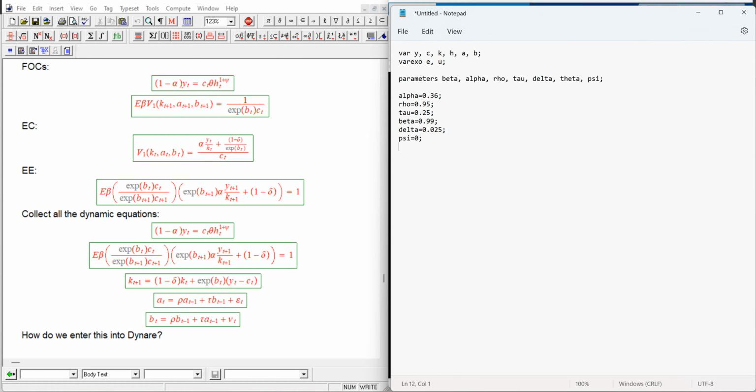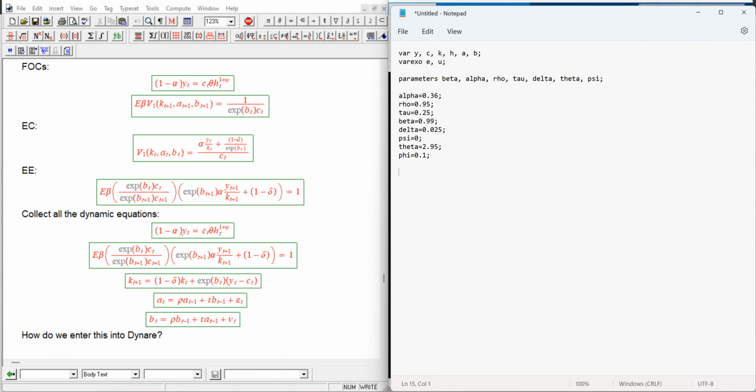The psi is 0 value means that utility is linear in labor, which can be interpreted as having indivisible labor. And finally, phi equals 0.1. So there's a little bit of covariance between the two shocks.